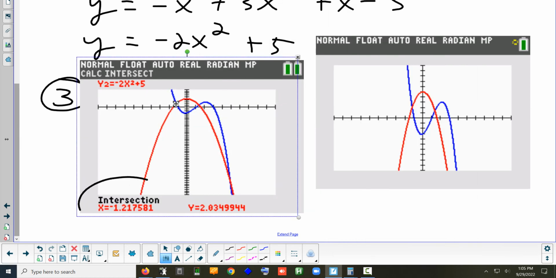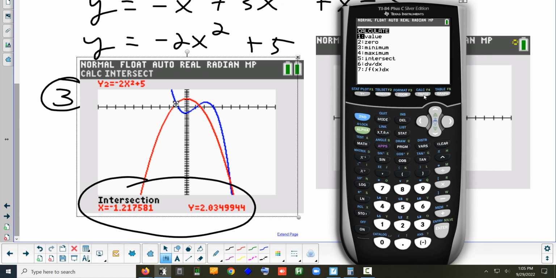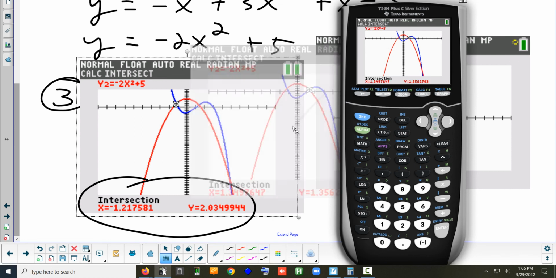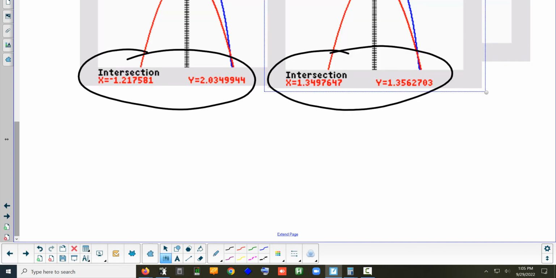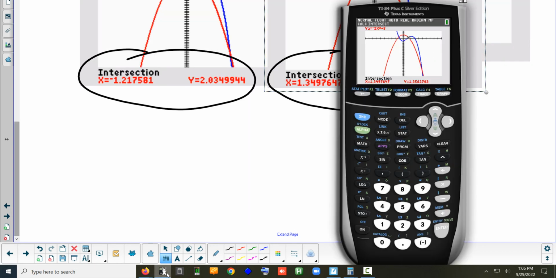Okay, so there's one answer. Do it again. Put your cursor closer to the other one. Hit enter 3 times. There's your second one. And do it one more time to get the one all the way on the right.